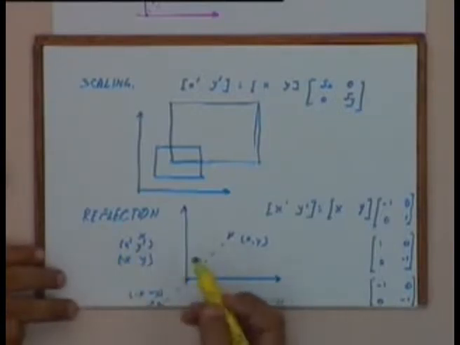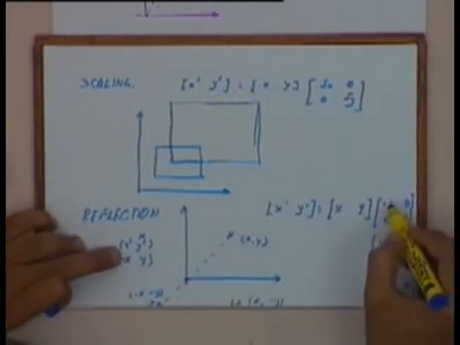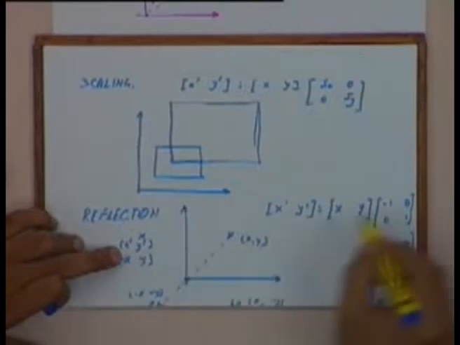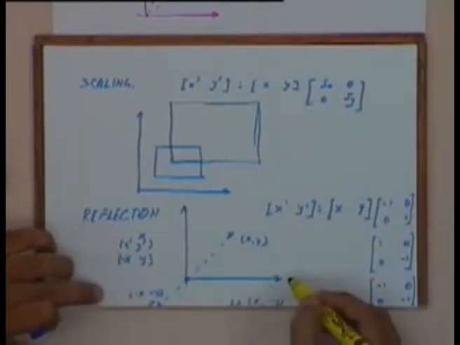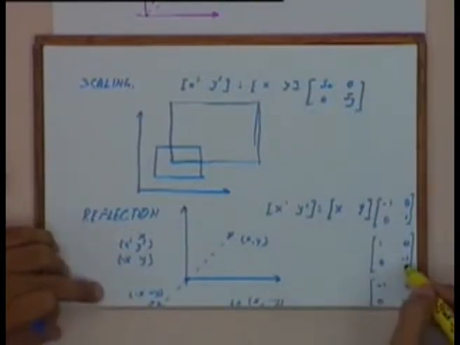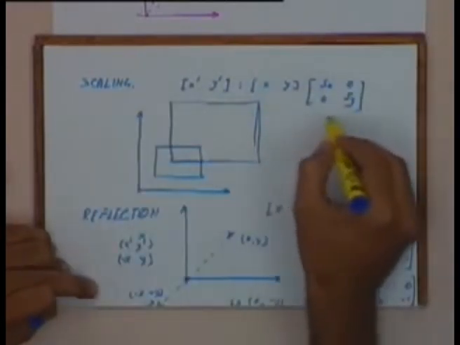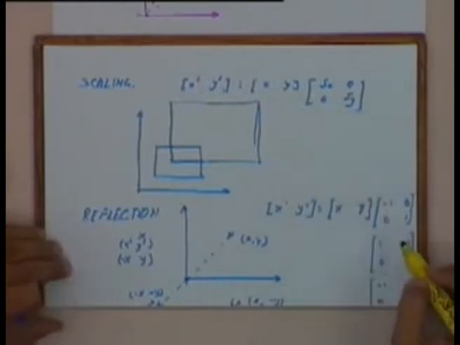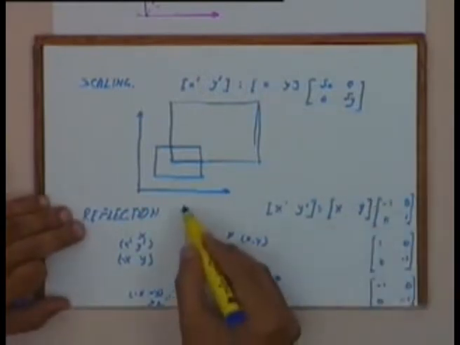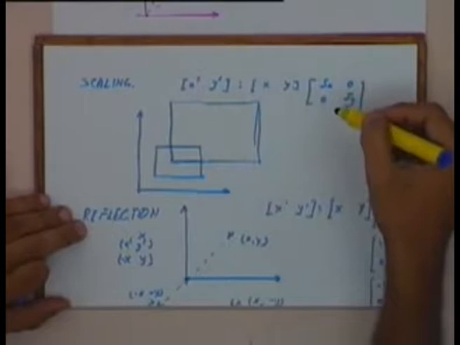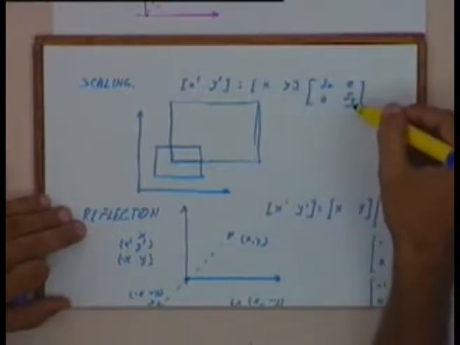So when we are reflecting about the y-axis, the x coordinate will change its sign. When we reflect about the x-axis, the y coordinate will change the sign. When we reflect about the origin, both the coordinates will change the sign. Now if we compare these matrices with the scaling operations, we notice that reflecting over the y-axis is nothing but the scaling operation with Sx equal to -1 and Sy equal to +1.